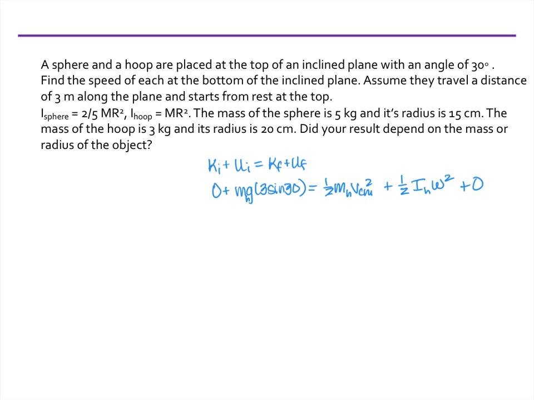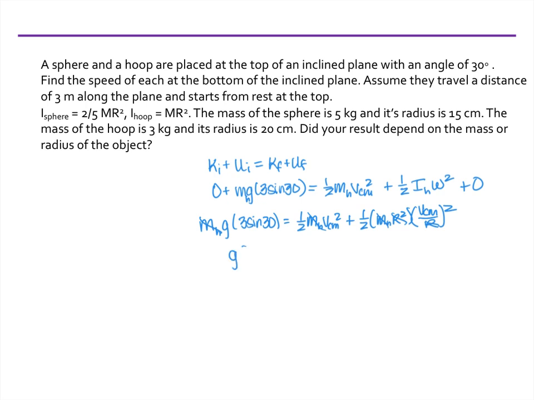No initial kinetic energy, no final potential energy. I'm going to substitute in for the moment of inertia and omega. And again, mass cancels, the r squares cancel.